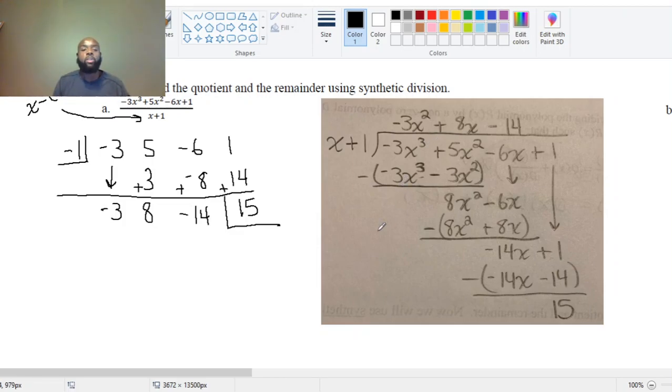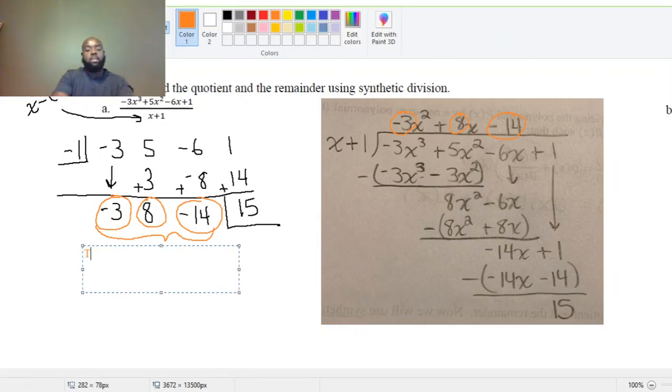But what I want you to notice is that these numbers here, the -3, the 8, and the -14, they are the values of your coefficients in your quotient. So these values here are the coefficients of the quotient.